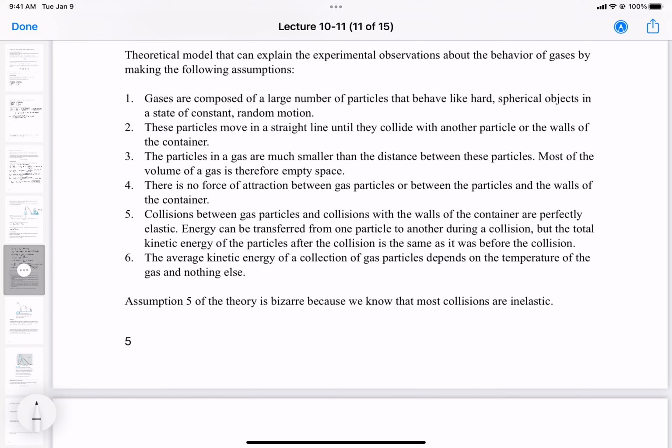Now, the speed at which they move is going to be different, because speed depends on the mass of an object. But for kinetic energy, it only depends on the temperature. So if two gas particles are at the same temperature, they may move with different speeds, but they'll have the same average kinetic energy. That might not make much sense now, but we'll talk more about that in a bit.